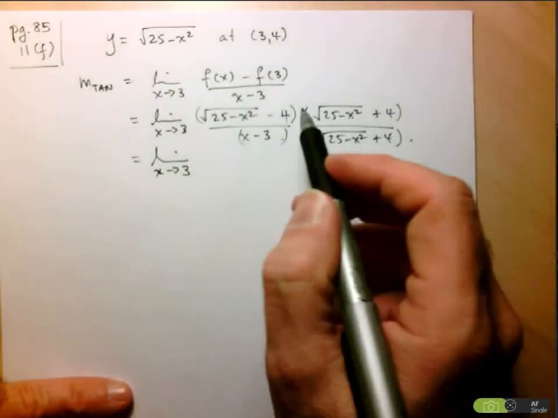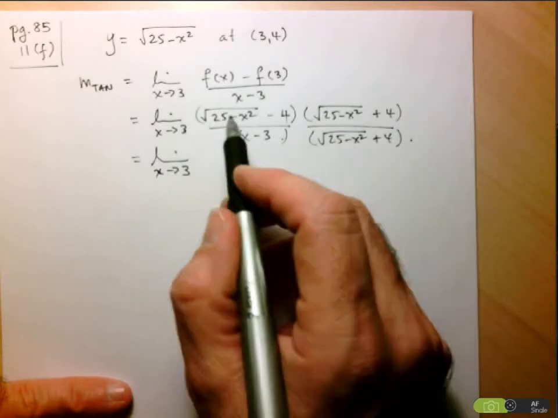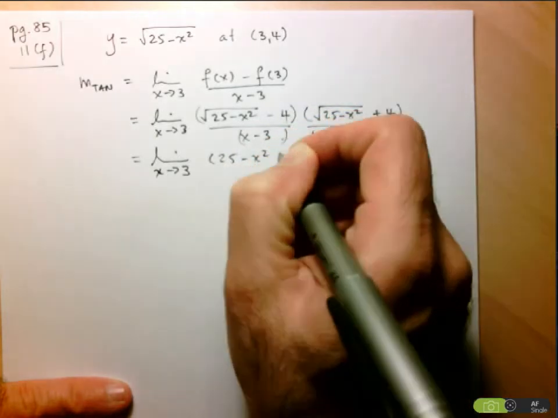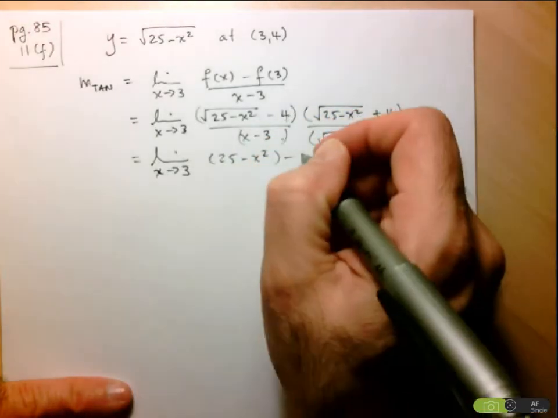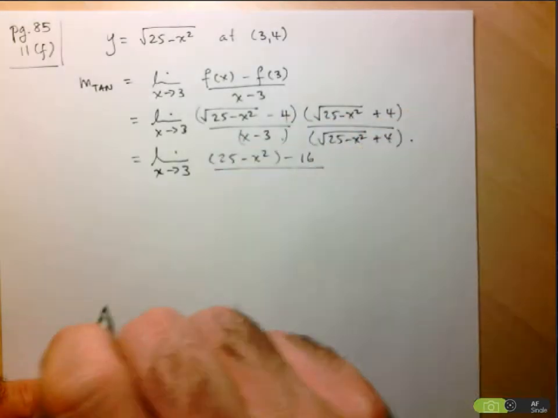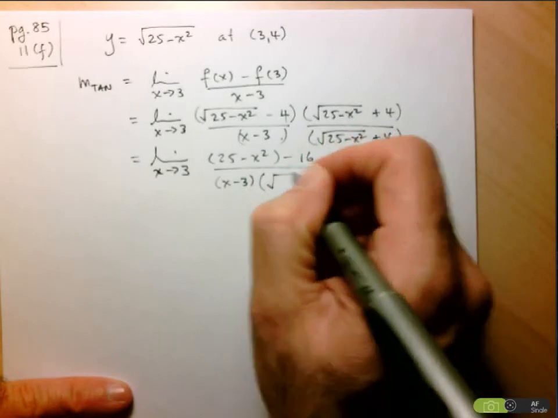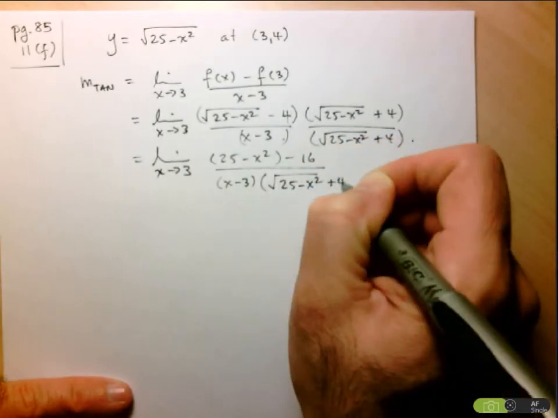Again, this acts as a difference of squares, so it's just the first expression squared, 25 minus x squared, minus the second expression squared, 4 squared, so minus 16. Here we're left with x minus 3 times the square root of 25 minus x squared plus 4.